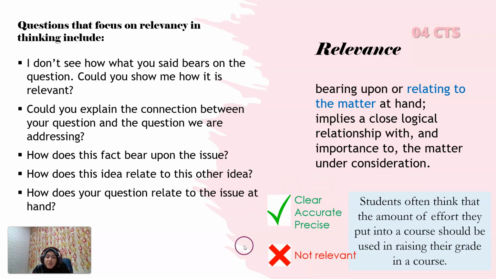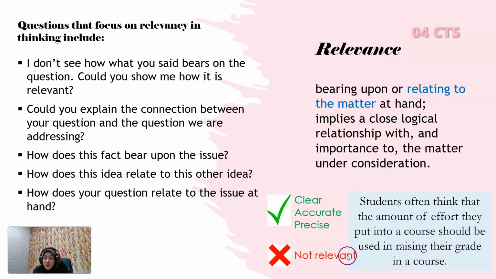For example, students often think that the amount of effort they put into a course should be used in raising their grade in a course. For example, you always attend the class, so you think that from that you can increase your grade.